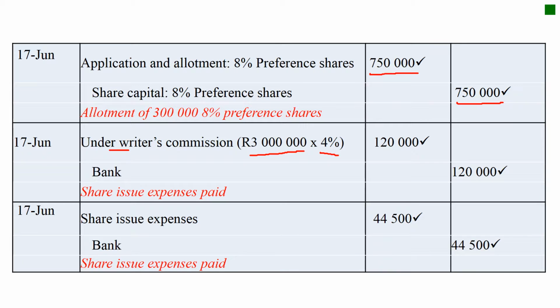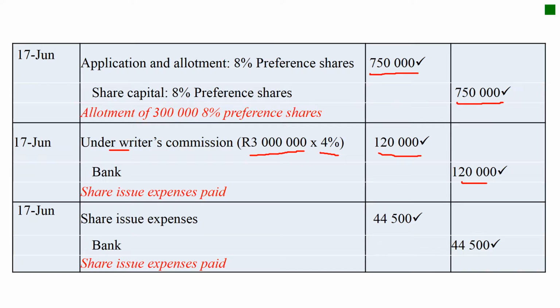In this case, the total shares issued were 3 million by 4%. That gives us a commission to pay of 120,000 rands. We credit our bank.